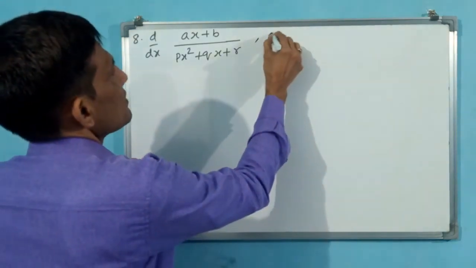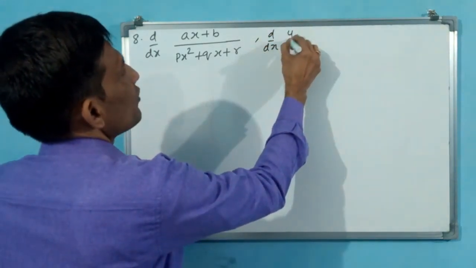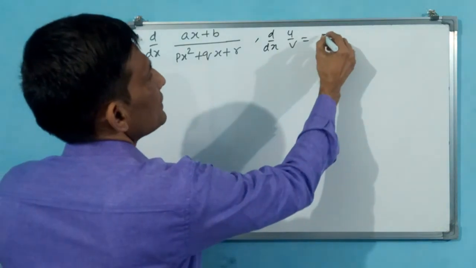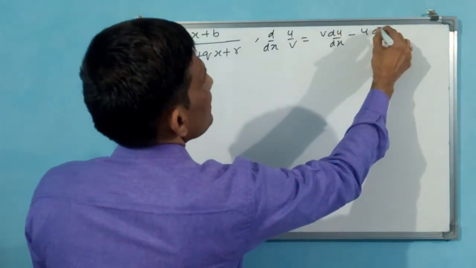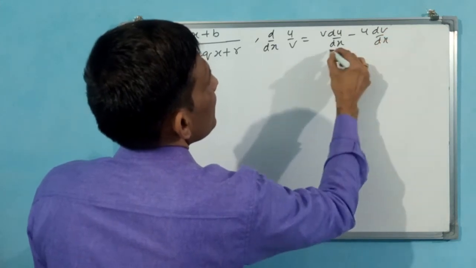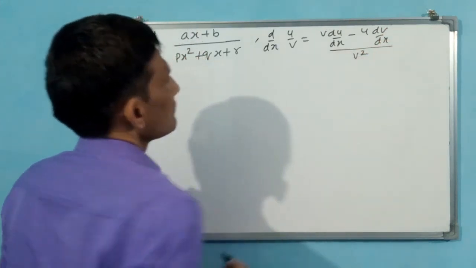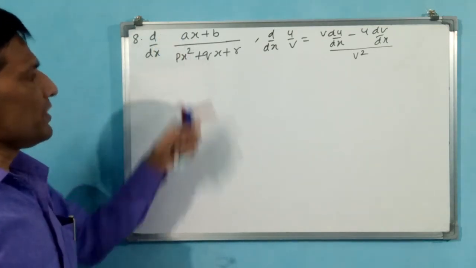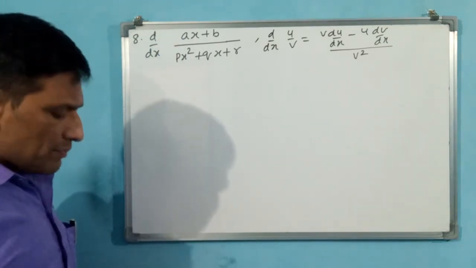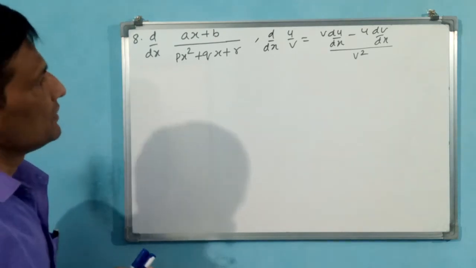Okay, write down. d by dx of u by v is equal to v du by dx minus u dv by dx, all divided by v square. This is the formula. Now u, v, let us proceed further. See what I am writing.